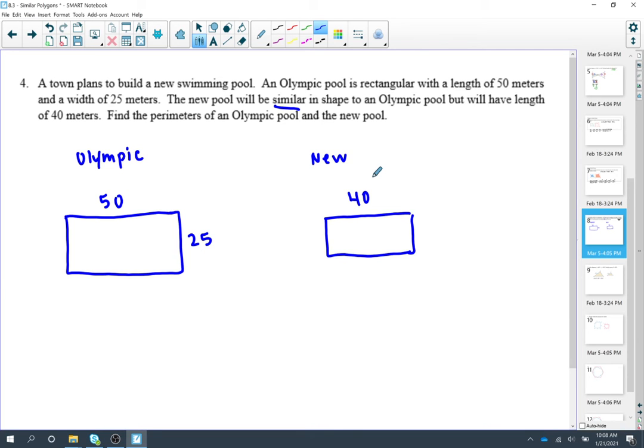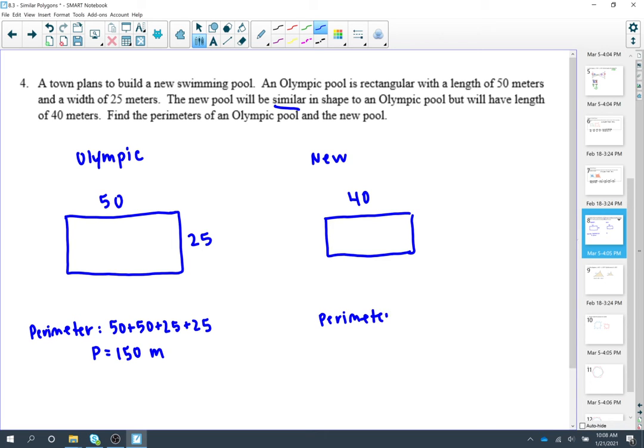Well, at the moment, the Olympic pool, we can find the perimeter. We just have to add up all the sides. So we would take 50 plus 50 plus 25 plus 25. So that's going to give us a perimeter of 150 meters.